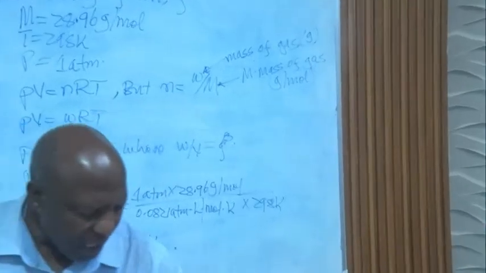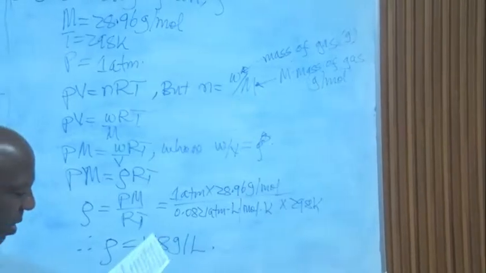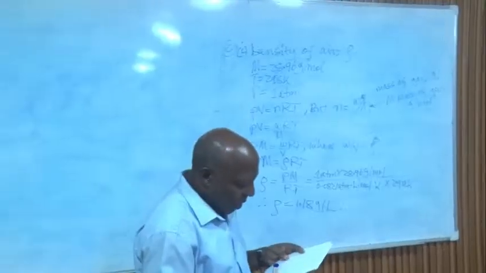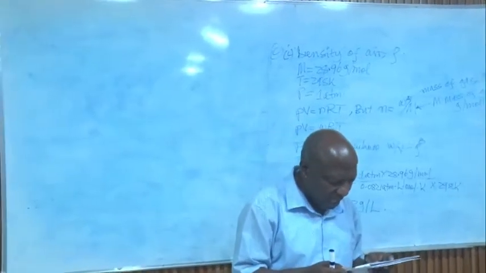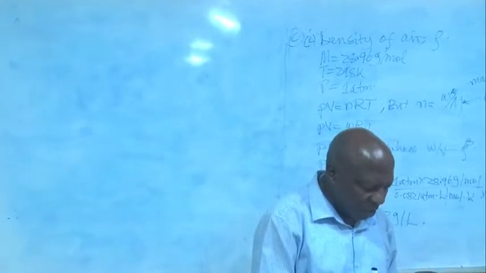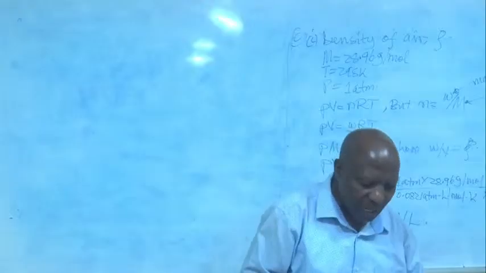Now, question number 3, C, Roman 2. Roman 2 says, show by calculation that a balloon filled with carbon dioxide at 298 Kelvin and 1 atmosphere could not be expected to rise in air at this temperature.